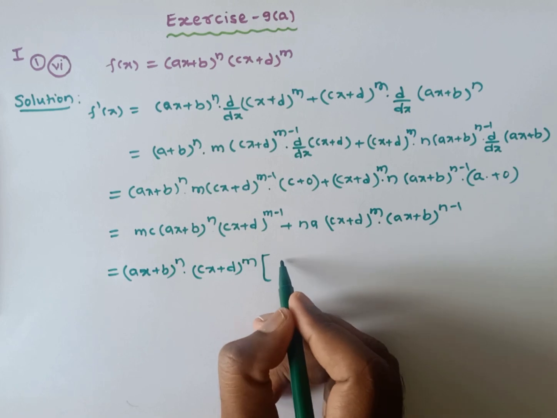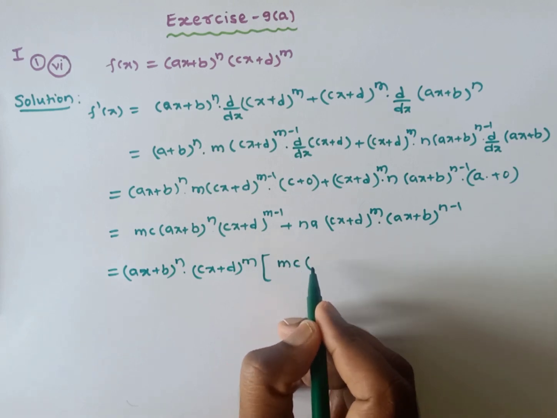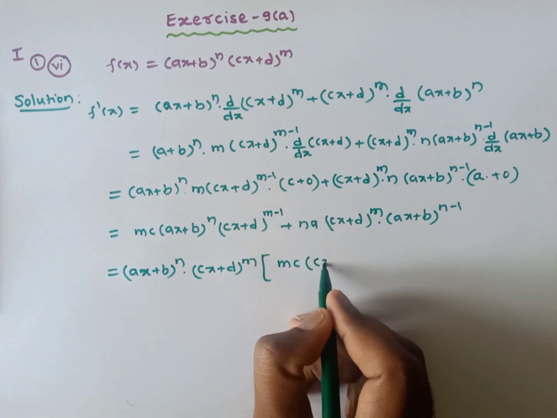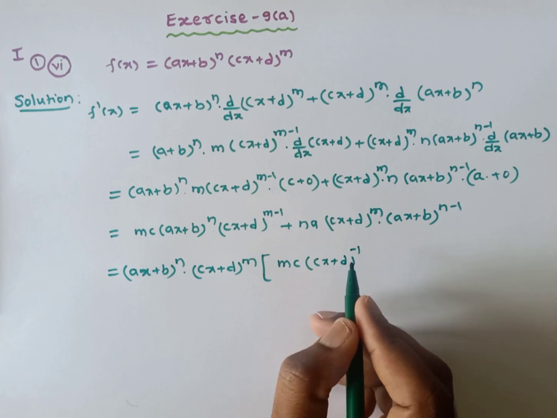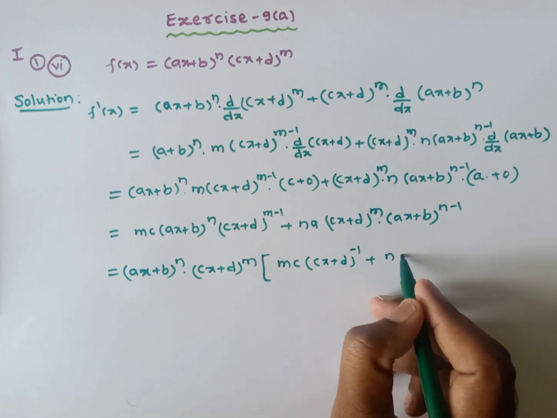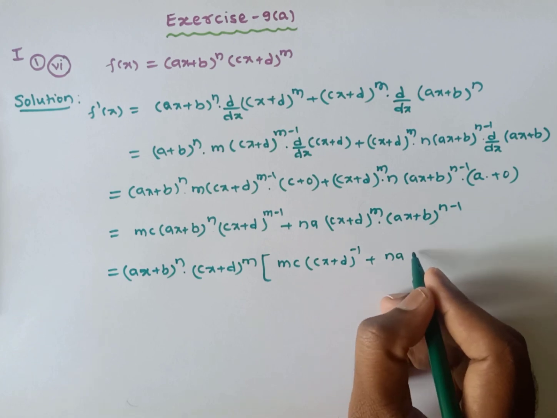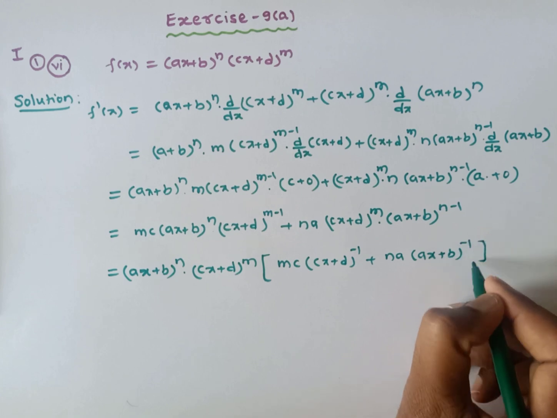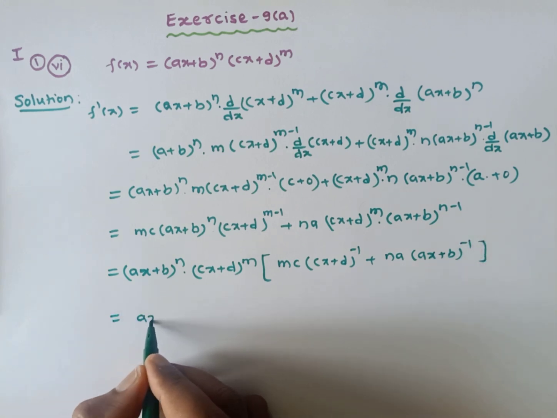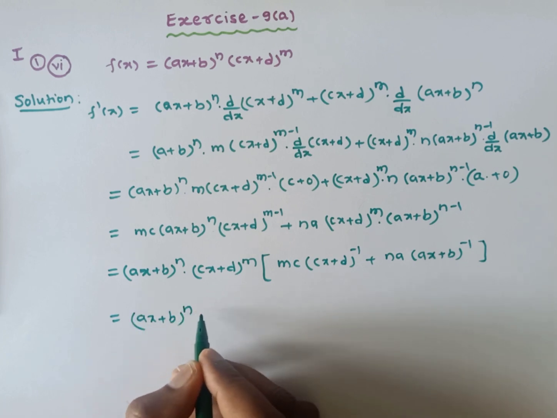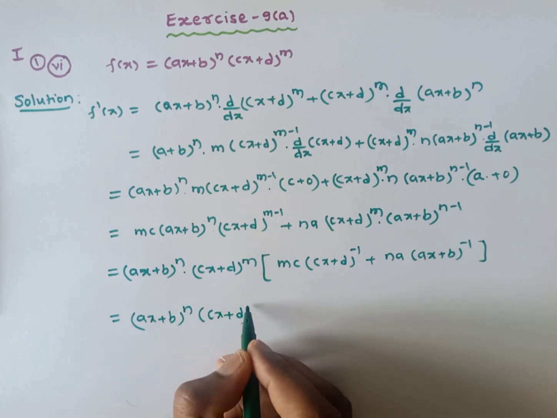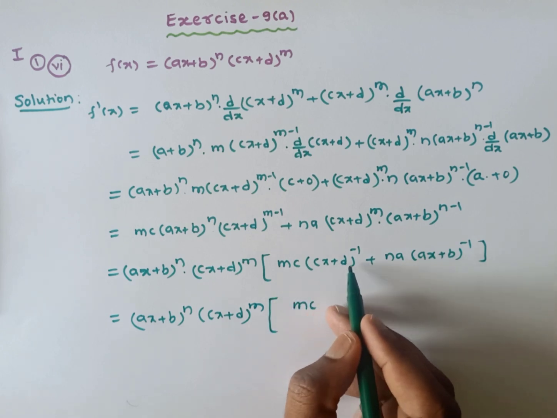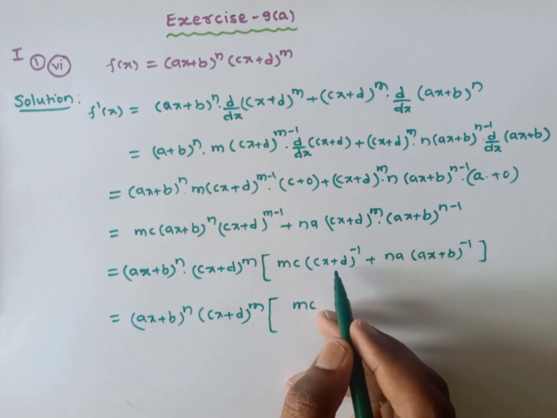So after taking common, see what the remaining part is: mc into (cx plus d) whole to the power of m minus 1; since m is taken out, minus 1 remains. So this is (cx plus d) whole to the power of minus 1, plus na into, this is common and gone, here this became common, so that it is (ax plus b) all to the power of minus 1. Now this is (ax plus b) all to the power of n into (cx plus d) all to the power of m times mc into (cx plus d) whole power minus 1. X to the power of minus 1 means 1 by x.